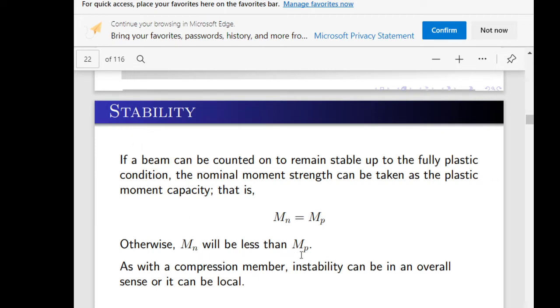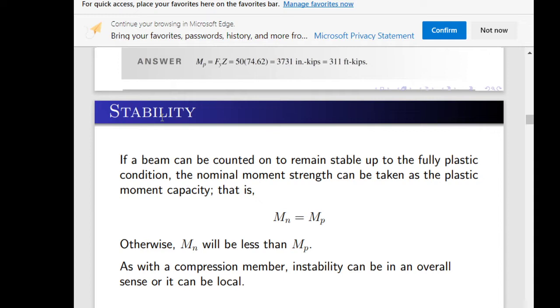Otherwise, M sub n will be less than M sub p, then you have to use the M sub n. But if we analyze a stable section, we have to use the nominal moment strength M sub n equal to M sub p. Meaning we have to use the M sub p.